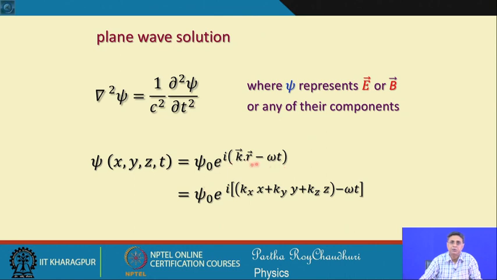If you decompose k dot r into Cartesian coordinates, you can write psi equals psi 0 e to the power of i(k x x plus k y y plus k z z minus omega t), where omega is the frequency of the electromagnetic wave, and k x, k y and k z are the components of the propagation constant in the three orthogonal Cartesian coordinate directions.